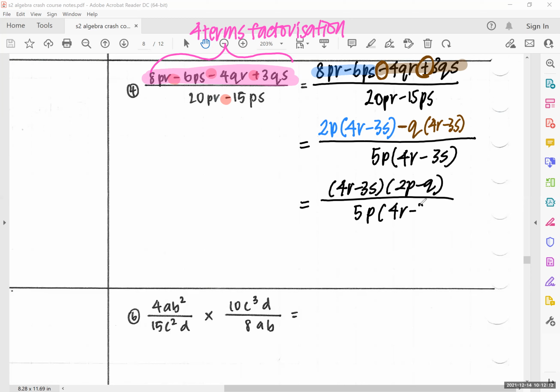Only when it's in this form, can you see something times something over something times something? Now you can cancel. And we will have 2p minus q over 5p. That's it. And that's all for question 4.